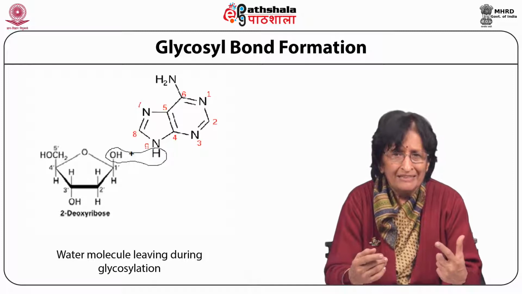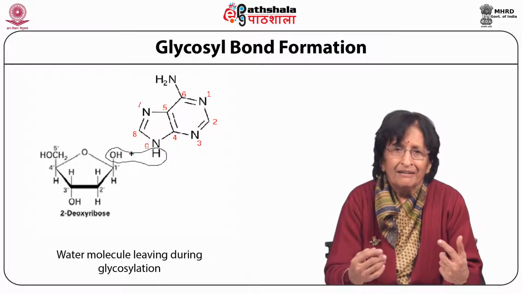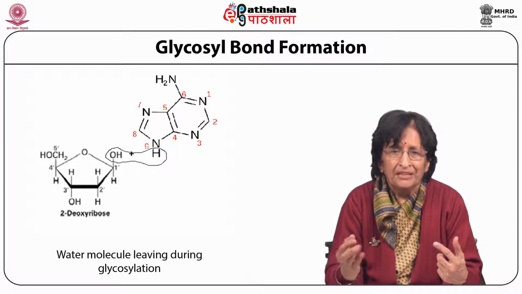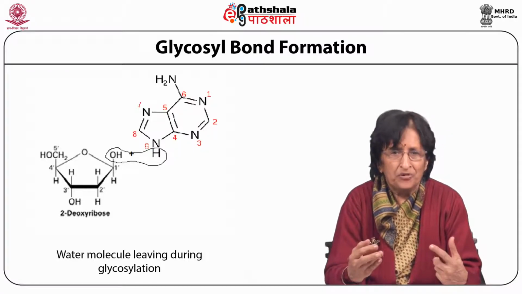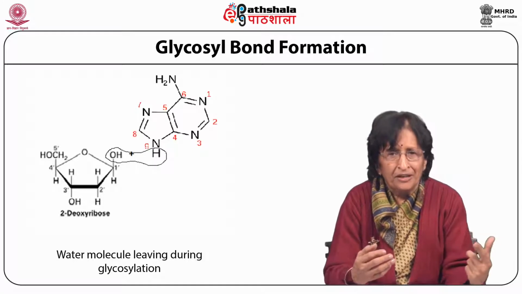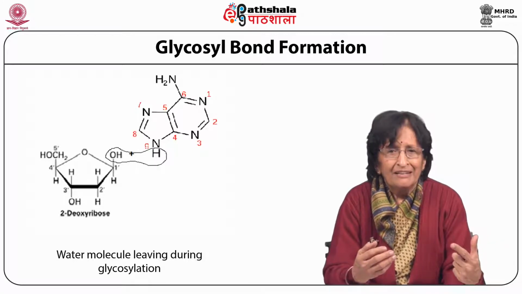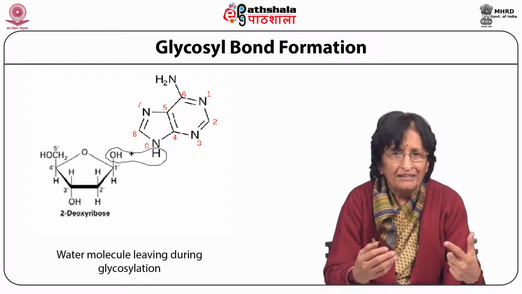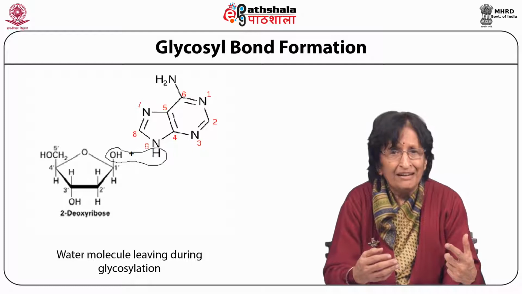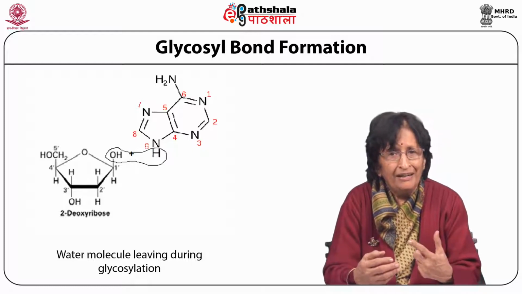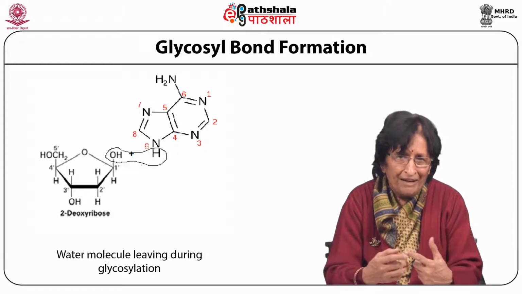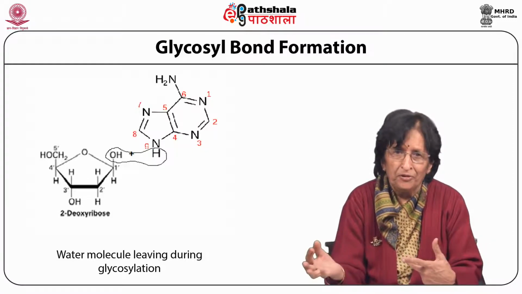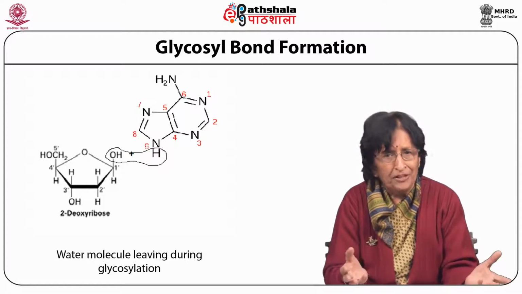Like we have base with say N1, C2, that is the terminology we use, and there is an NH group at the 9th position, N9H. And we have sugar, C1', C2', C3', C4', C5', O4'. And that C1' hydroxy group and H atom of the N9H group, they combine and the water molecule leaves and the glycosyl bond is formed.